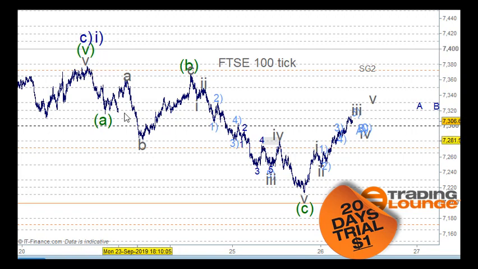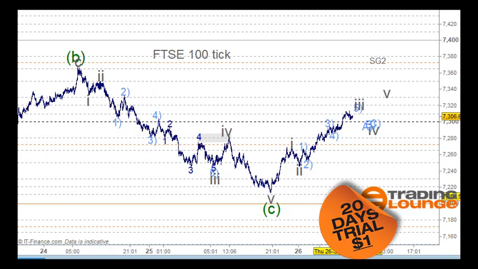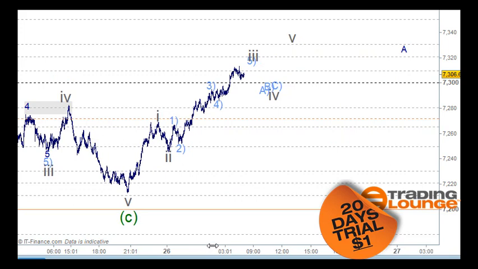This is why I feel this is a corrective pattern, but an A, a B and a C here, because we've got 5 waves up here for the B wave. And then, as you know, I've been counting 5 waves down through here, so we've got those in play, and we're looking for 5 waves up here, which is starting to look quite good.